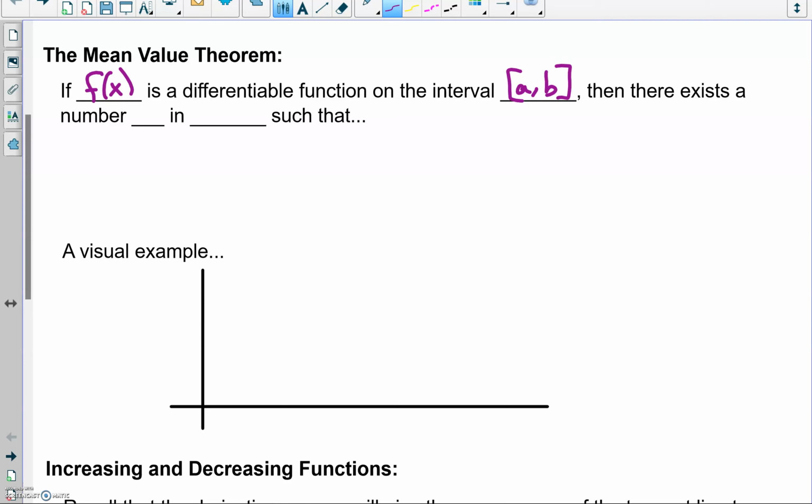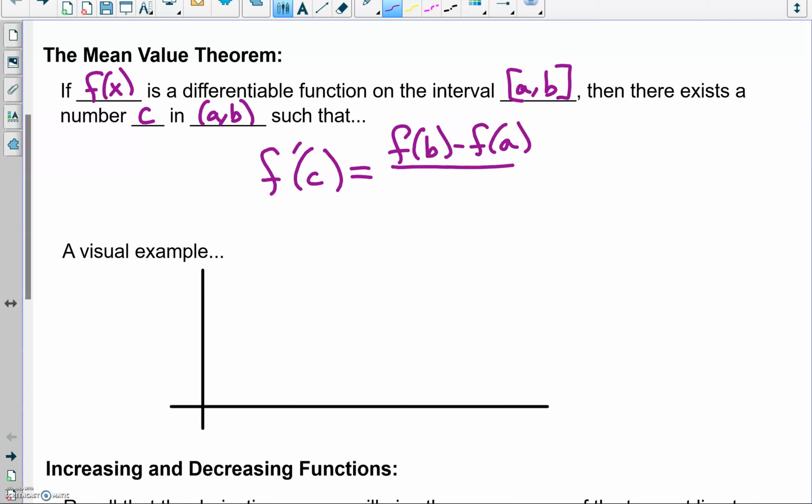And if that's true, then there exists a number c in the open interval a to b, such that f prime of c, the instantaneous rate of change at some point c, is going to be equal to f of b minus f of a all over b minus a. And that right side, it's the slope formula. And more importantly, it's the slope between the a and the b endpoints for this function.